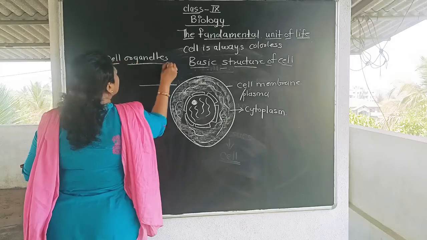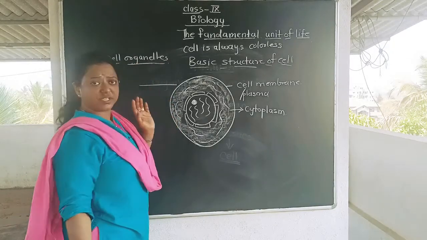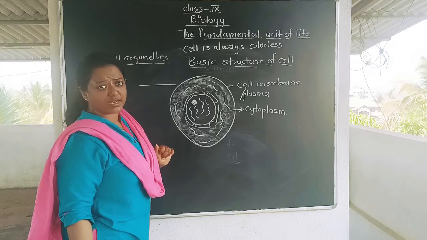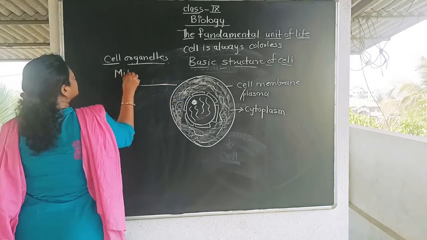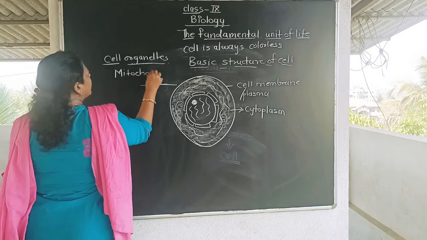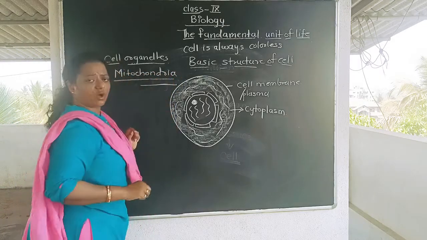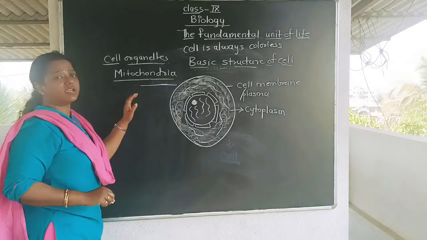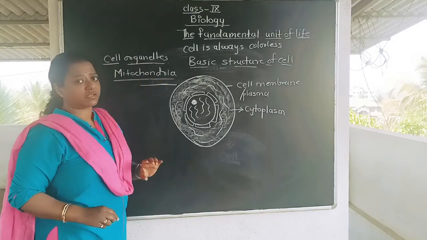These cell organelles play a very crucial role in the structure of the cell. What are those cell organelles? The important cell organelle is the mitochondria. The mitochondria is called the energy currency of the body, because energy is stored in the mitochondria in the form of ATP.